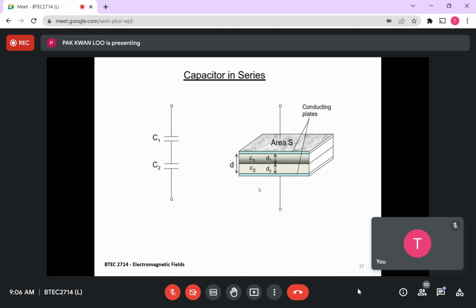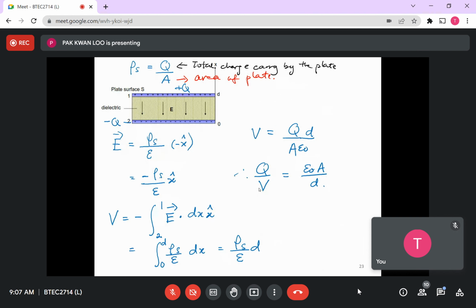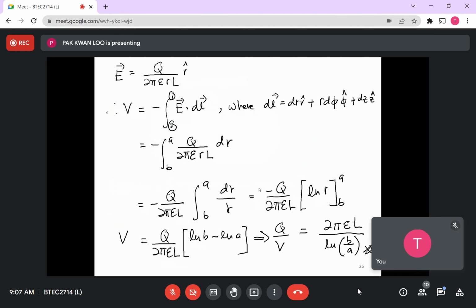Okay. So now we are going to look at parallel plates. We have learned about parallel plates, and we have also analyzed to get the capacitance. Earlier there was only one dielectric, a single dielectric sandwiched between two parallel plates.